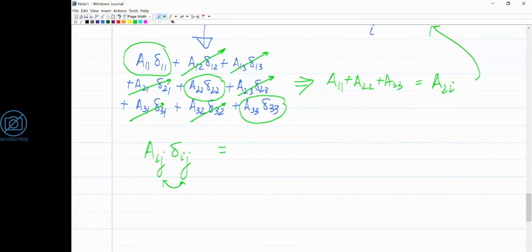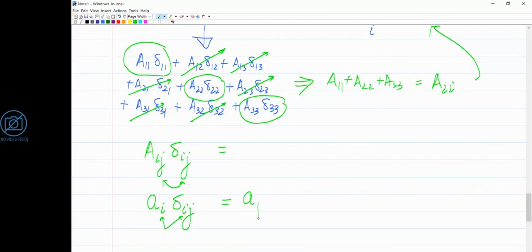This will become more clear if you have something like this: a_i delta_ij. So here you see i is repeating, isn't it? And there is summation over i. So what the Kronecker delta function does is it removes that summation over i and replaces i with the other index of Kronecker delta, which is j here.